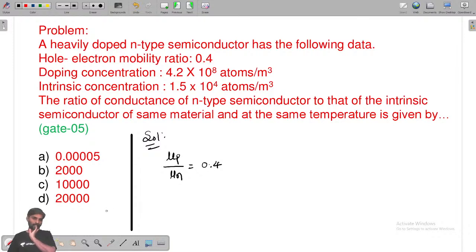For the N-type material, the doping concentration Nd is given as 4.2 into 10 to the power of 8 atoms per meter cube. The intrinsic concentration Ni is given as 1.5 into 10 to the power of 4.